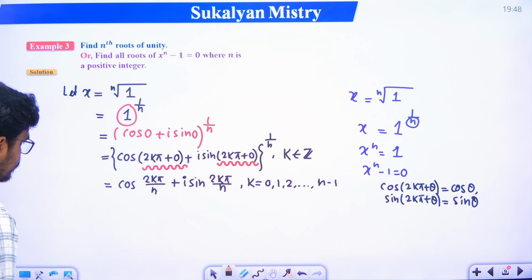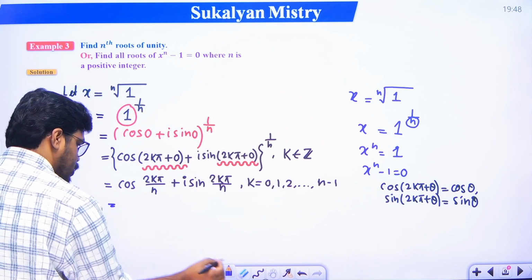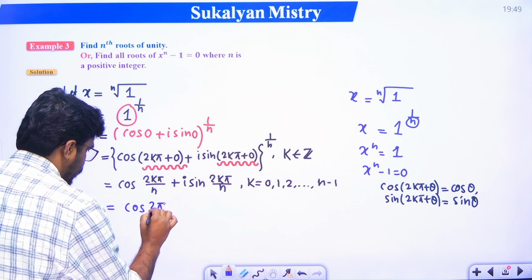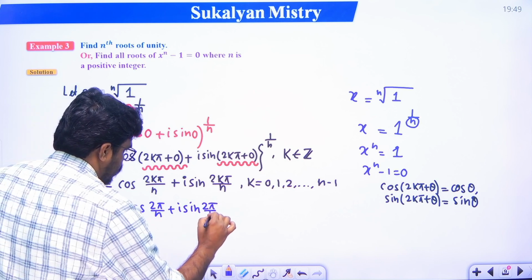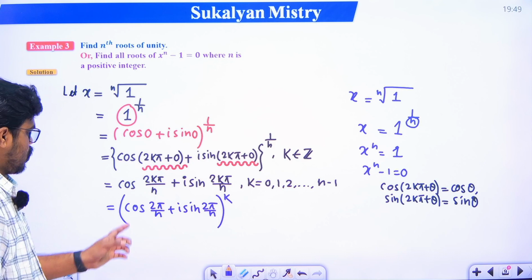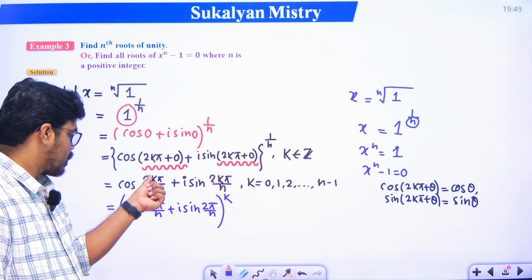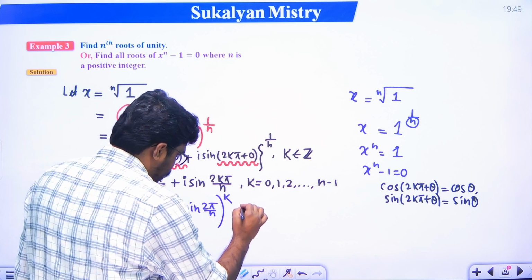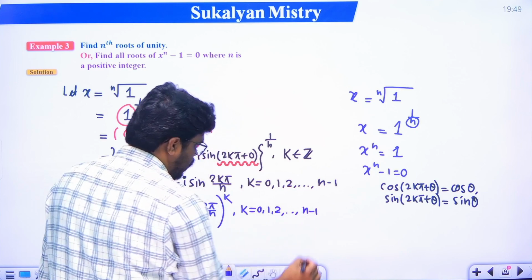So this can be written in the form cos 2 pi by n plus i sin 2 pi by n, to the power k. Since cos theta plus i sin theta to the power k, with k an integer, gives cos k theta plus i sin k theta. What is k? k is 0, 1, 2 up to n minus 1.